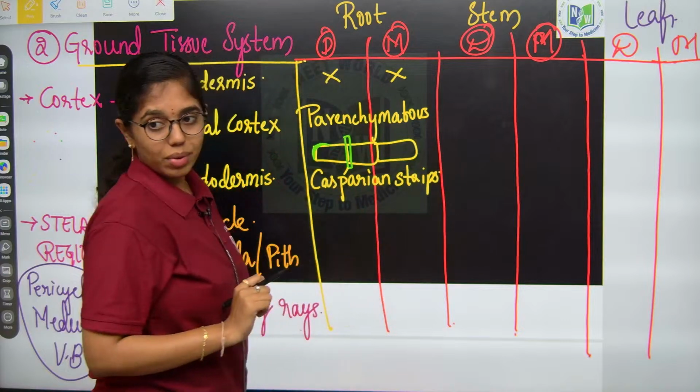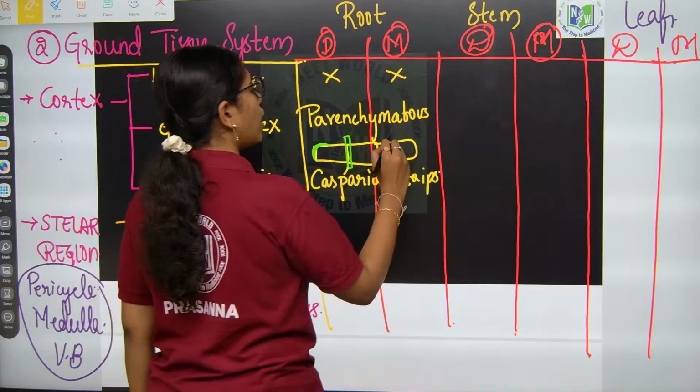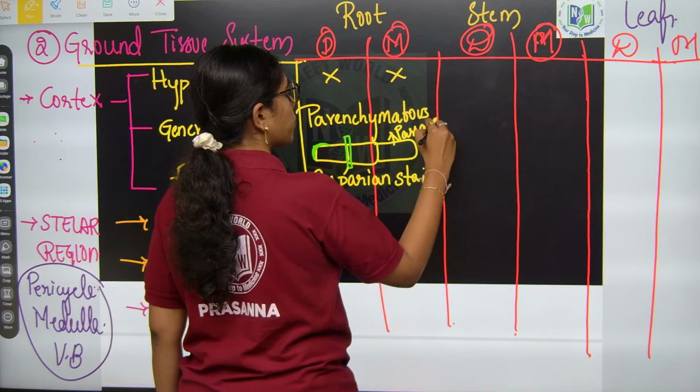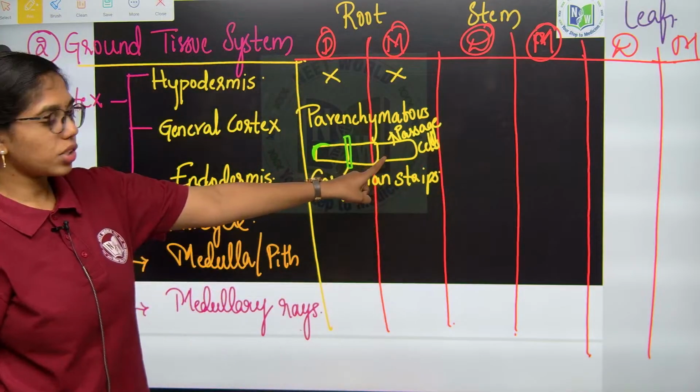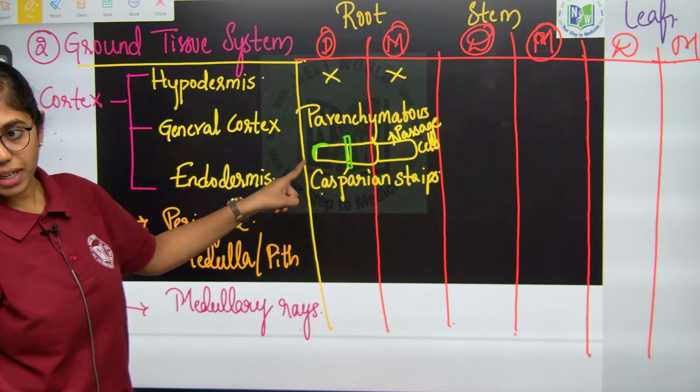Those endodermal cells which do not have any suberin depositions are called passage cells.